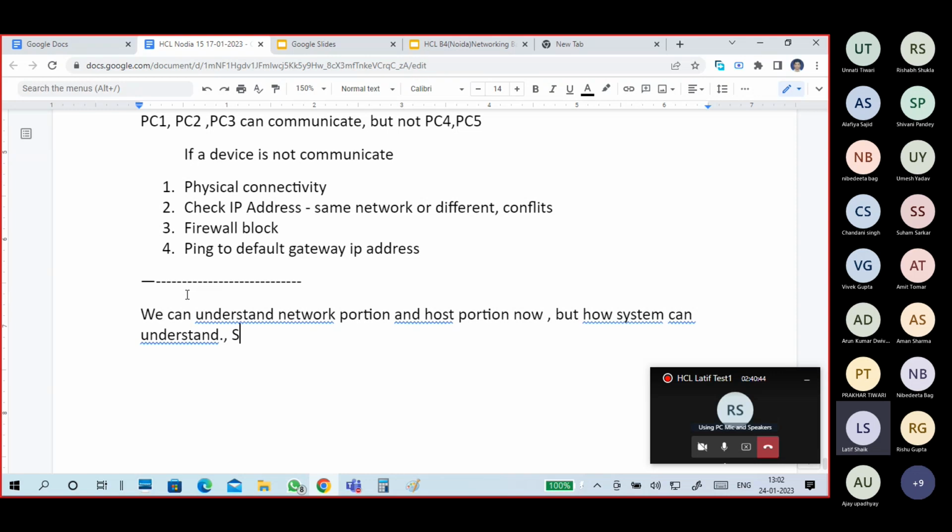So that's why we are using a subnet mask. Subnet mask divides the IP address into the network portion and the host portion.